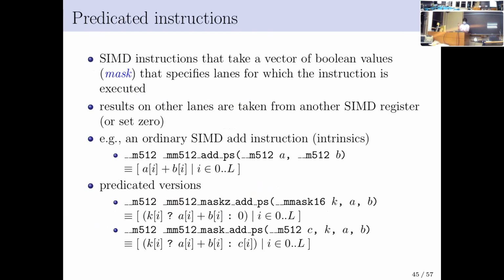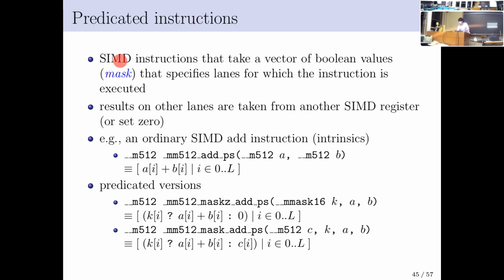Like I said several times, and you will see in the Jupyter notebook, the compiler easily fails to vectorize a loop containing branches, or it easily gives up vectorizing loops containing branches. For this, CPUs actually have something called predicated instructions.